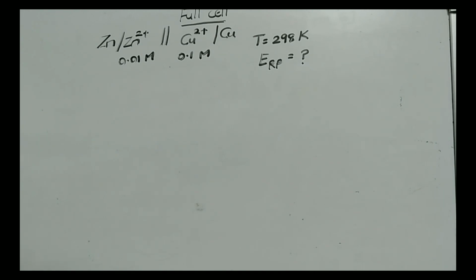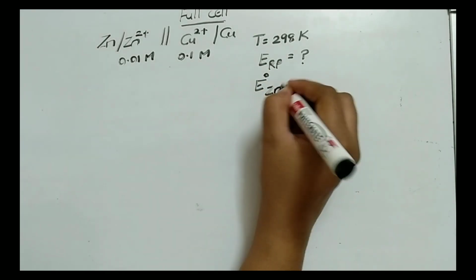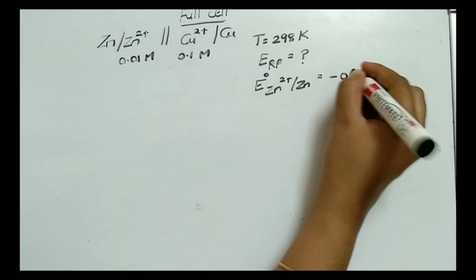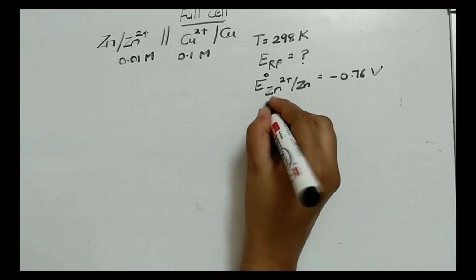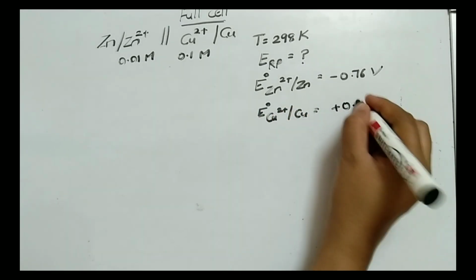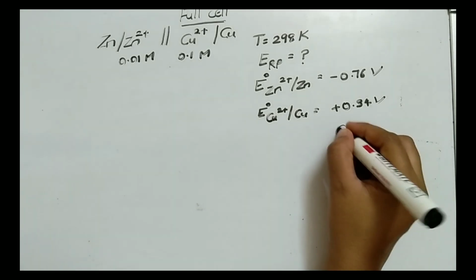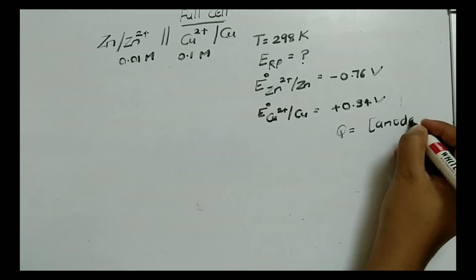One more data given to you is E degree of Zn2+ to Zn is minus 0.76 volt, and for copper it is given as plus 0.34 volt. Now for a full cell, Q is equal to anode by cathode.